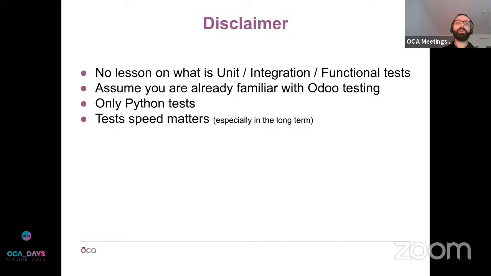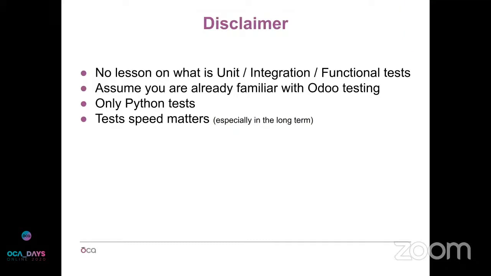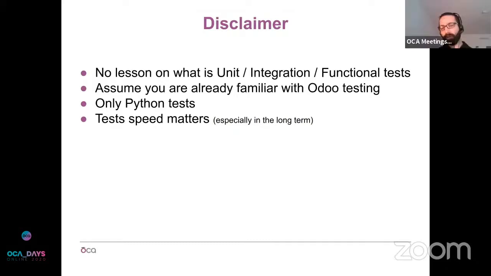And in the whole talk, I assume one important thing, that speed in tests matters, especially in the long term, and especially in the OCA ecosystem, but also in a company ecosystem, where you can have tons of modules that will run their tests in a build.